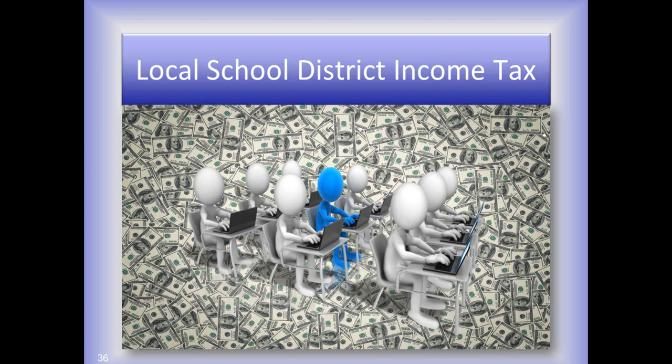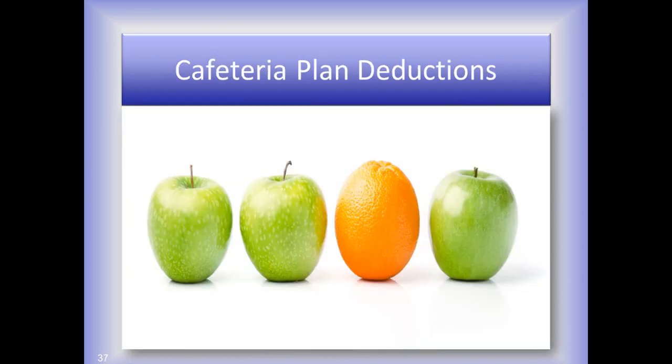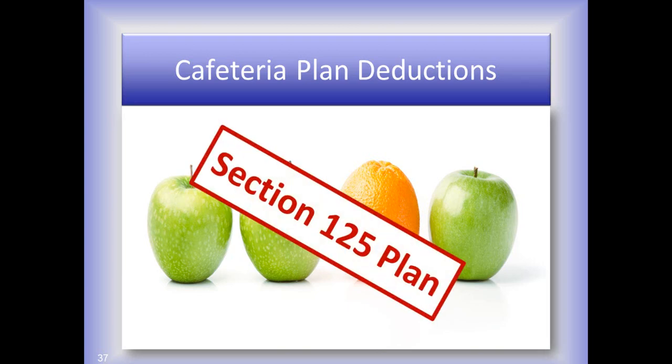Cafeteria plan deductions. What is a cafeteria plan? Free food? No. A cafeteria plan is a separate written plan maintained by an employer for employees that meets the specific requirements and regulations of Section 125 of the Internal Revenue Code.